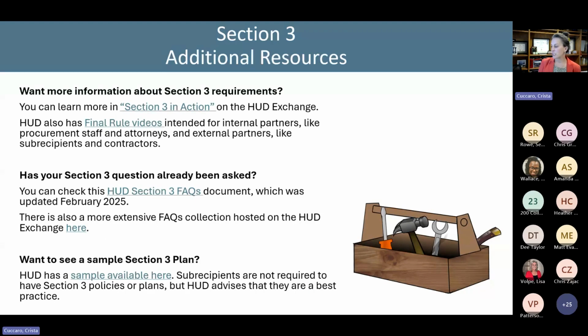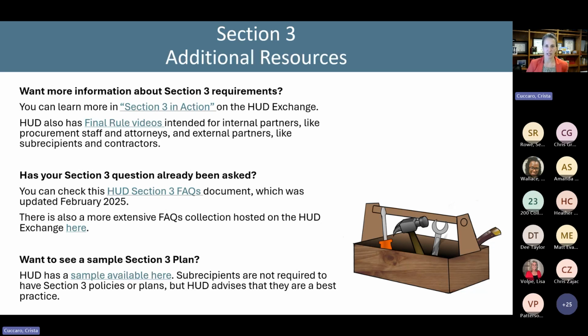Here are additional resources that you can find. HUD has a Section 3 in Action webpage. They also have final rule videos intended for internal partners, like some of you on the call, procurement staff and attorneys, and external partners, like contractors. You can also see if your Section 3 question has already been asked. So HUD has a couple of FAQ resources.